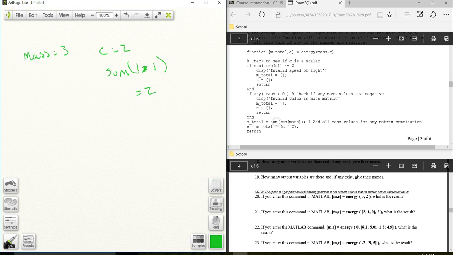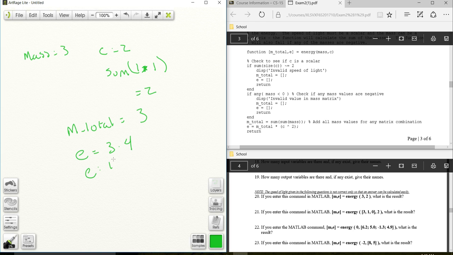M underscore total is equal to the sum of the mass, which is 3. And E is equal to MC squared, where E is equal to M, 3, times C squared, which is 4.